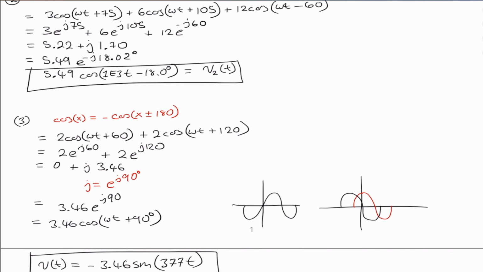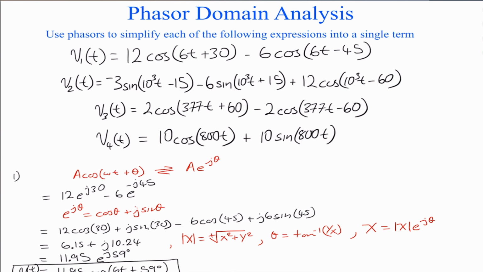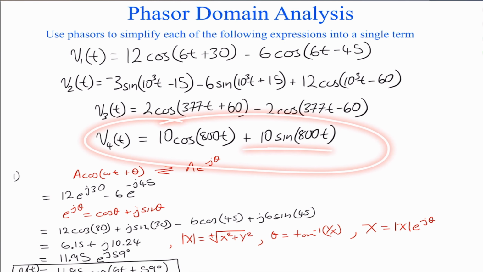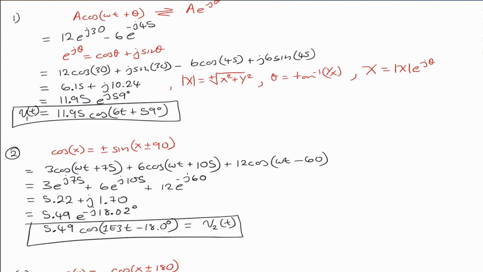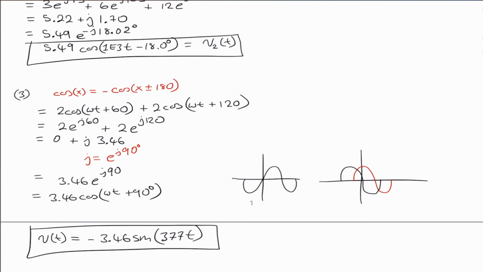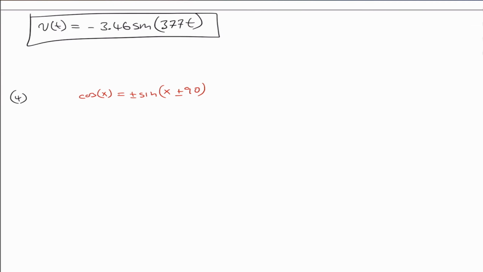In v4 of t, we see we have a sine, so that's where we're converting that to a positive cosine. We keep the first term, so that's 10 times cosine omega t, plus, now we convert our sine. We have a positive sine, so we subtract 90. So it's going to be 10 cosine of omega t minus 90 degrees.